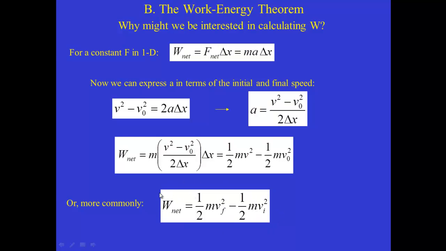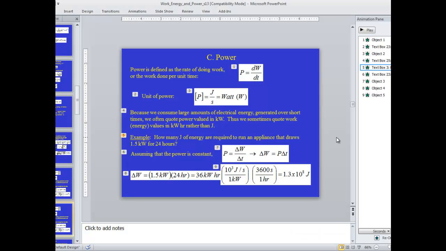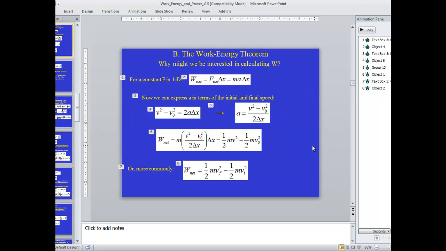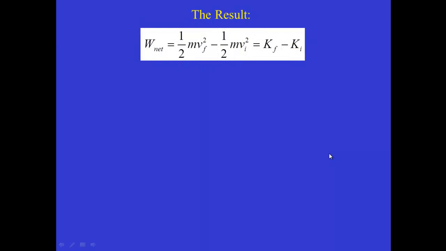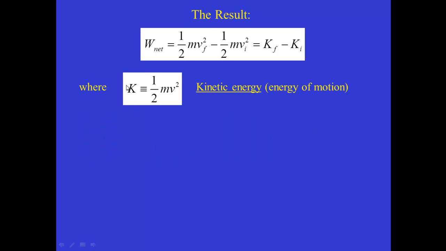And this is a statement of what's known as the work-kinetic energy theorem, or just the work-energy theorem. Okay, so that's the main result in this section. And because this term 1/2 mv squared appears both for a final and for initial situation, we define that to mean something significant.